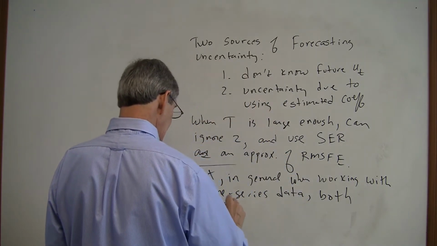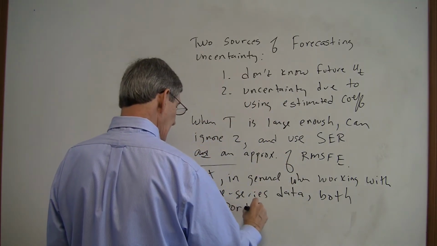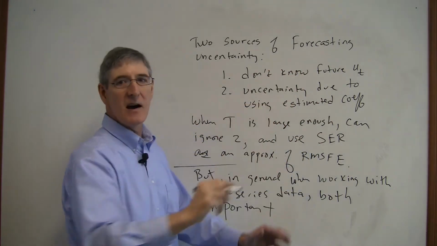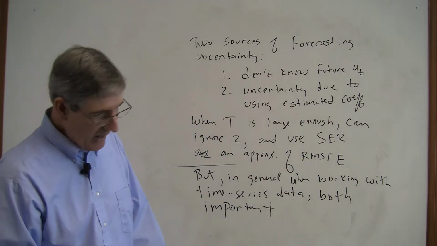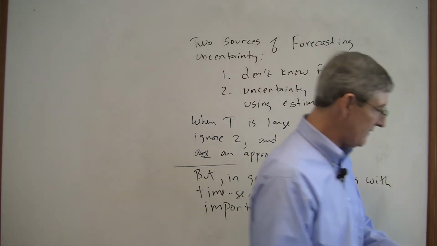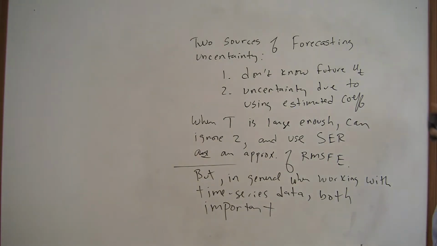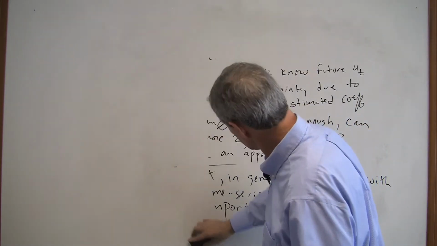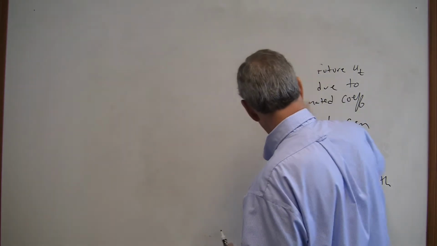So we're not going to be able to use this simple way out of just reading the SER off our printout and saying, that's good enough as an estimate. So what do we do in that case? Well, most packages will do this automatically. So I'm not going to spend a lot of time on it because you won't ever have to actually do this, but you do need to understand it.